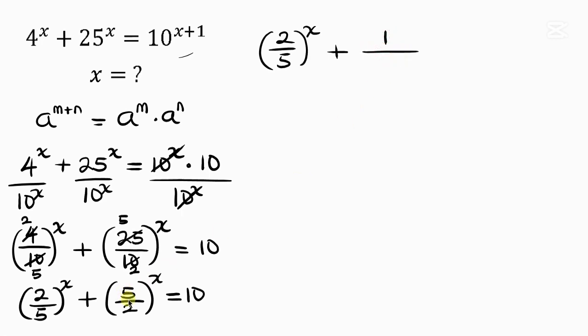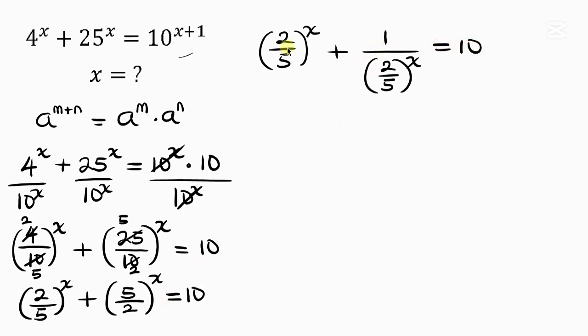Remember, the aim is to write it in the form of 2 over 5. So 2 over 5 now raised to the x. So this is valid because of this 1 on top equal to 10.